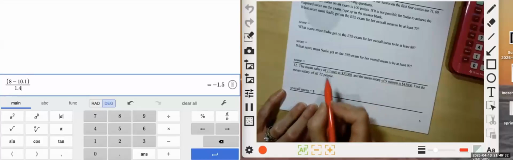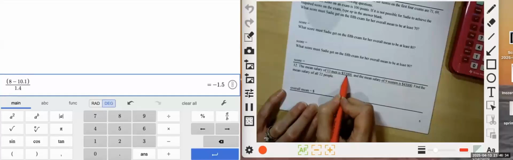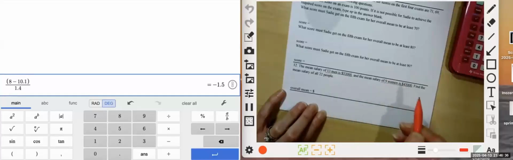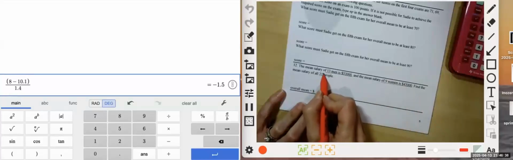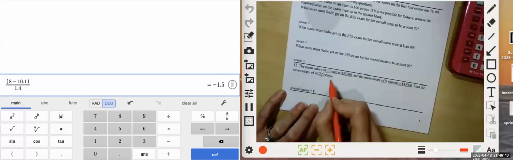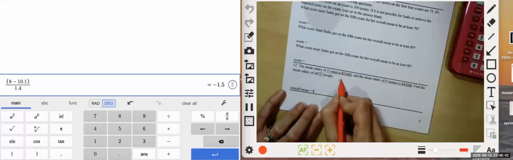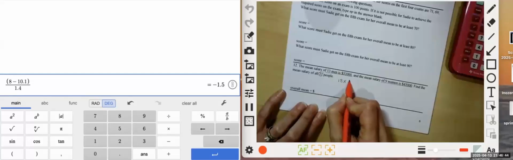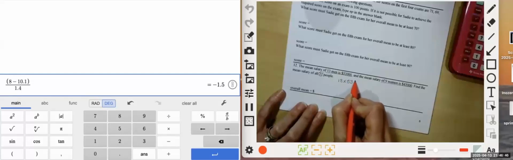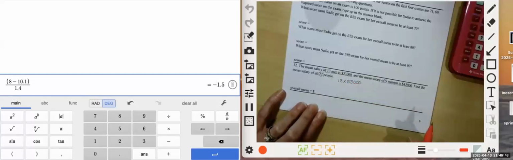Okay, so we've got 13 men at 53,000, 9 women at 45,000, for a total of 22 people. So I'm going to take those 13 men and multiply them by the 53,000.